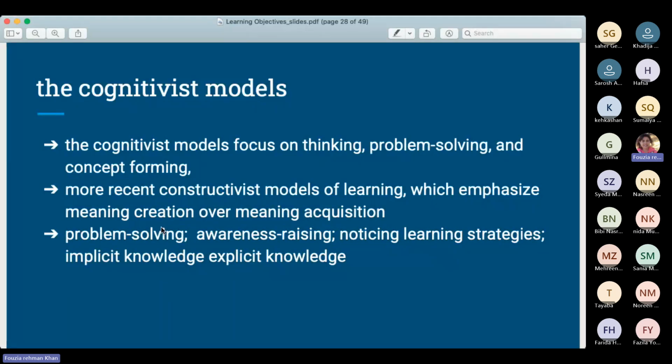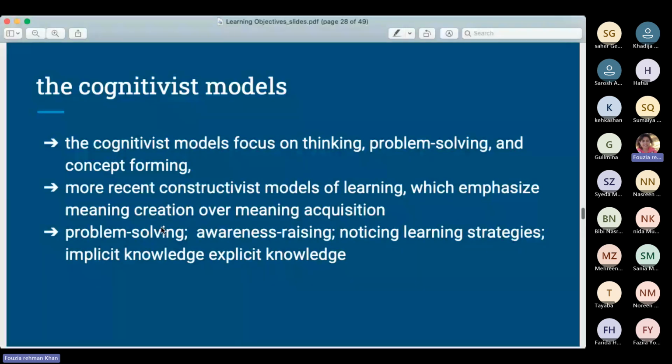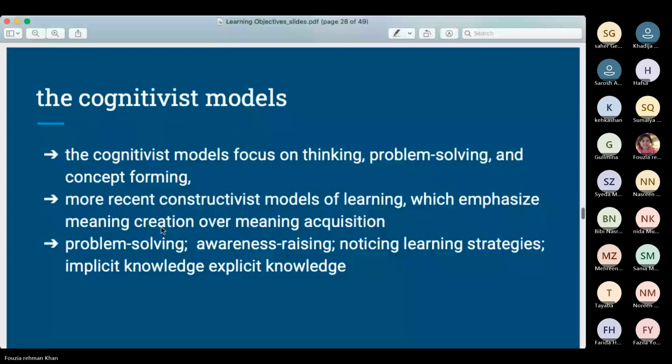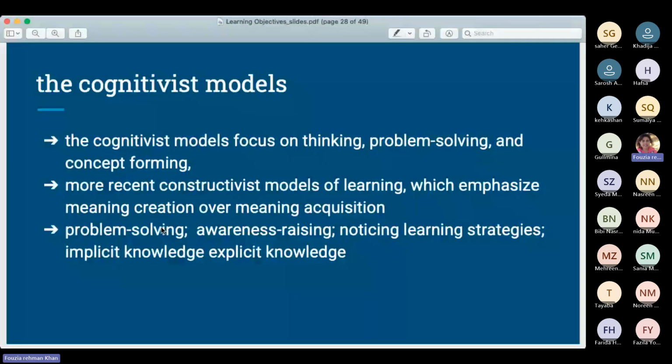What is the difference? What is implicit knowledge? Explicit knowledge we know, whatever I'm telling you is all the explicit things that I'm telling you. But what is implicit knowledge? Could you just go to the chat box?